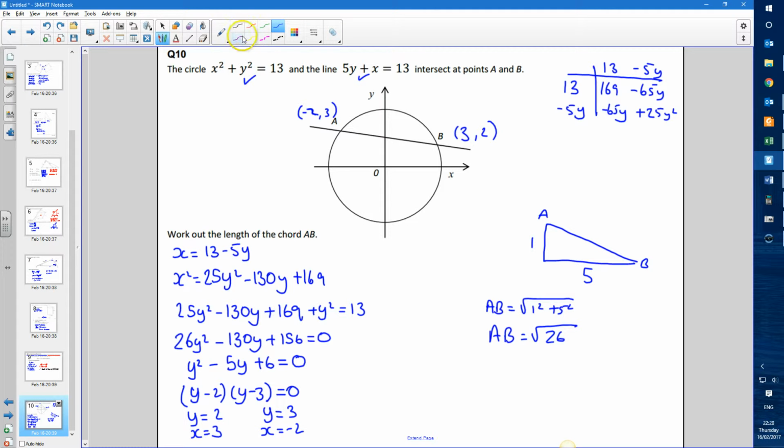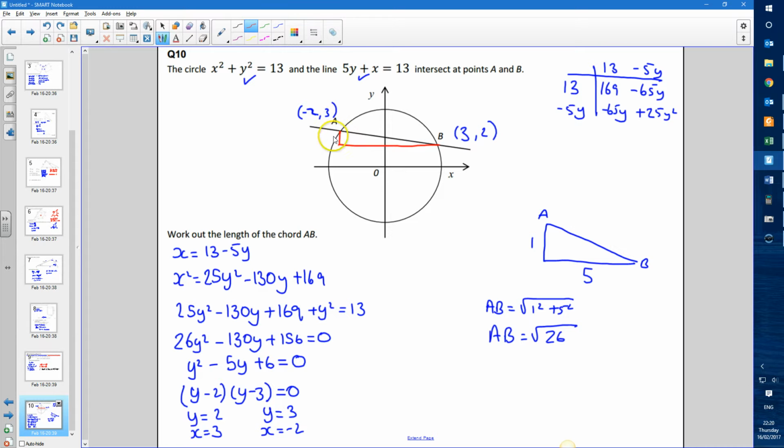Okay, I'm just going to show you quickly exactly what we've worked out and how we've worked it out. So we've worked out this distance from A to B, and this is the triangle that we've just used.